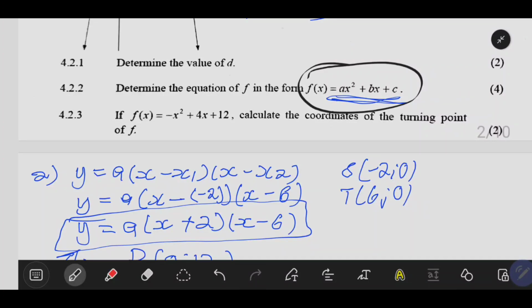So the third question says, if your function f of x is given by negative x squared plus 4x plus 12, then calculate the coordinates of your turning point. You can see that this equation of f of x is the same one that we got in the previous question. Now they want you to calculate the coordinates of the turning point.